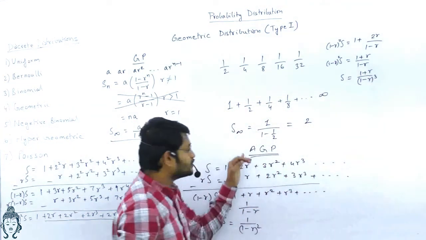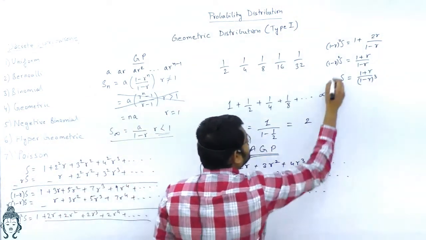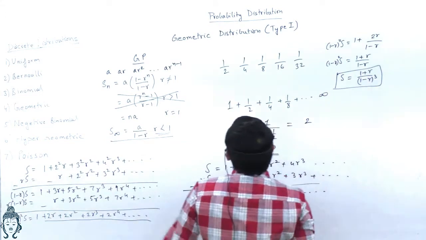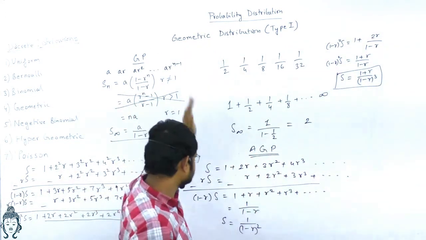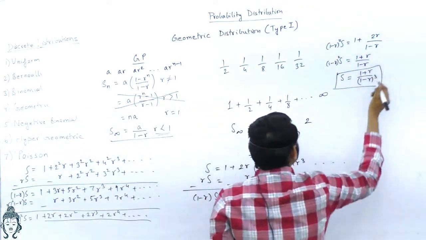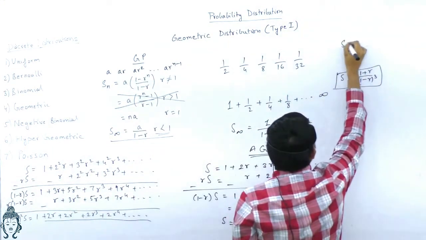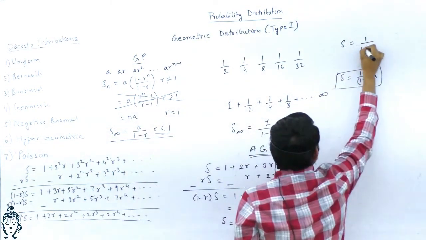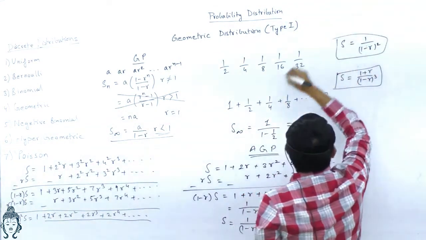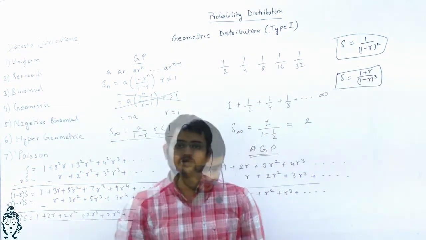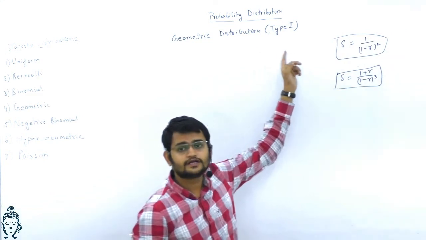Now we are going to use both of these values, the AGP and the special series, in geometric distribution. So I'll just write down both of these values. Now let's start geometric distribution of type 1.